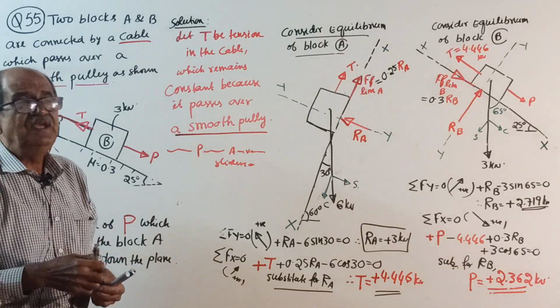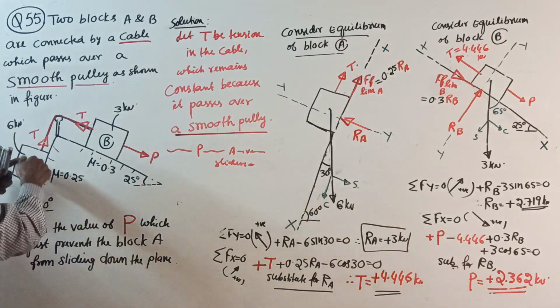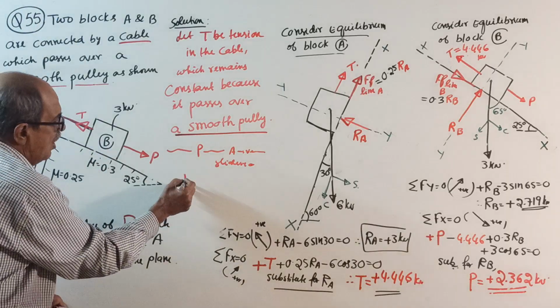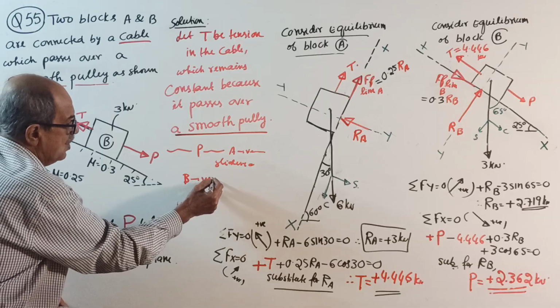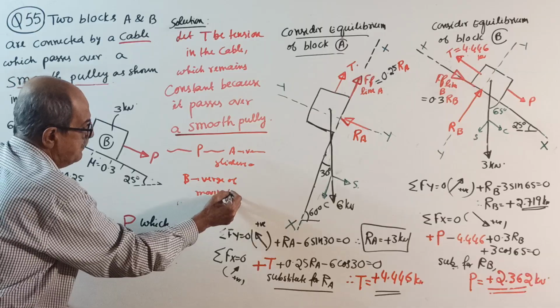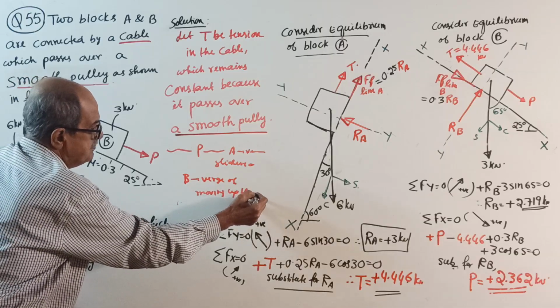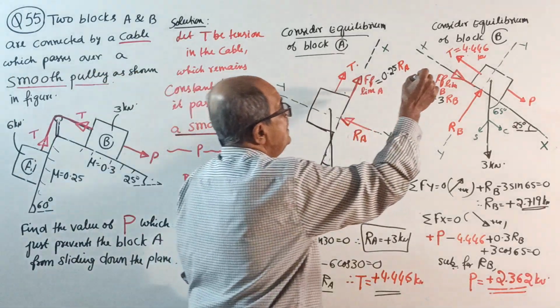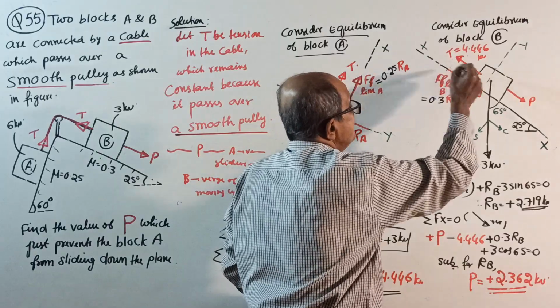It won't slide down. When this block is on the verge of sliding down, block B, right here, will be on the verge of moving up the plane. It will try to move up the plane. So that's why friction is like this.